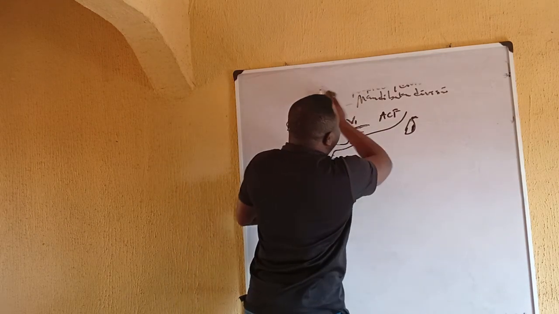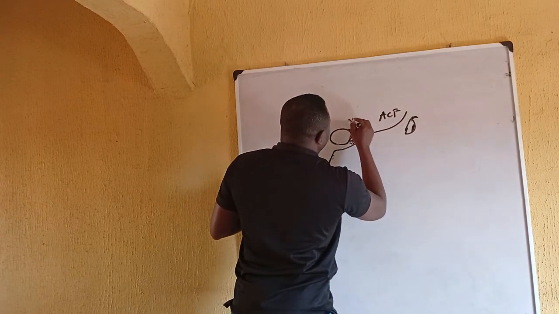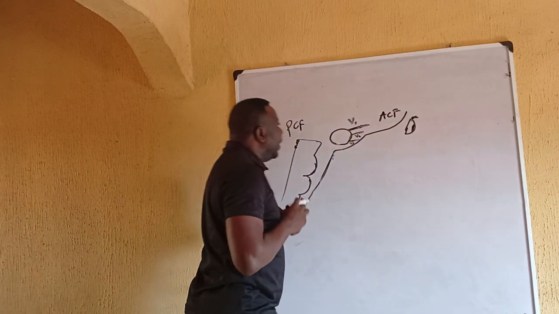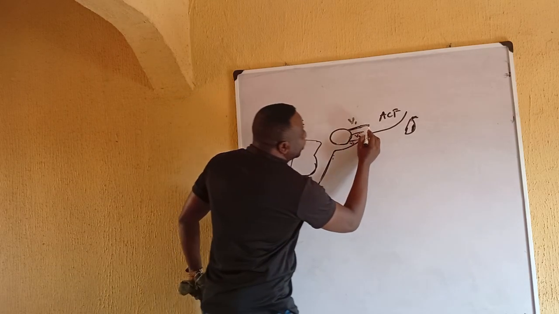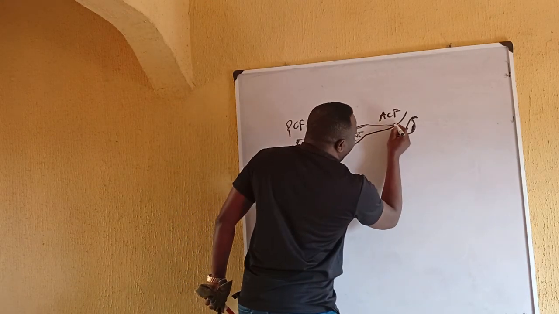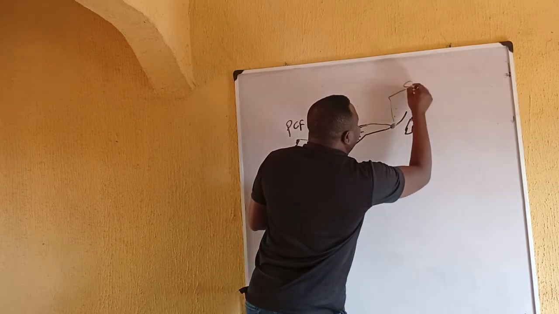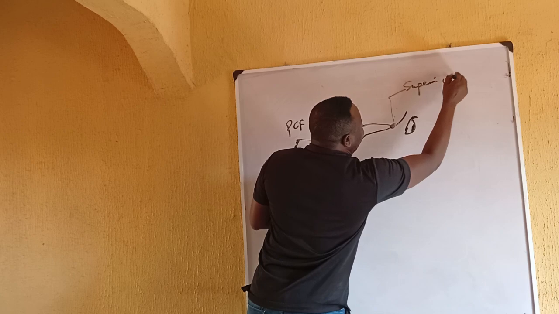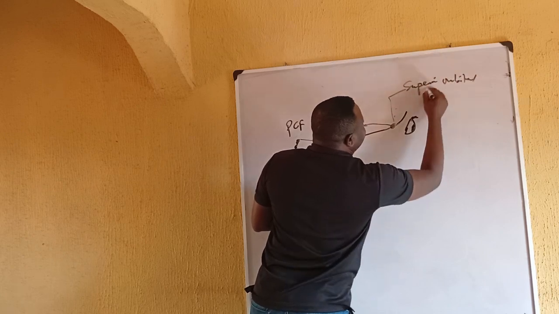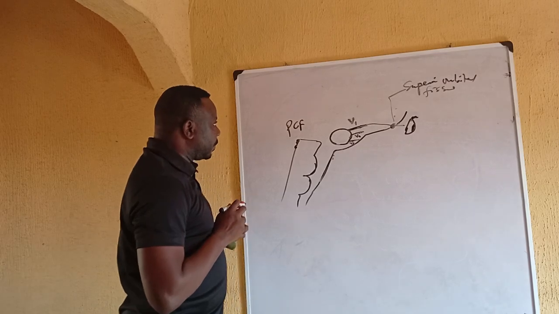Now, V1, which is the ophthalmic division, passes through an opening that is called the superior orbital fissure. This is the superior orbital fissure, and then it enters the orbital cavity.